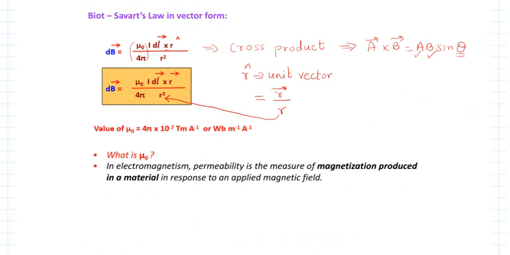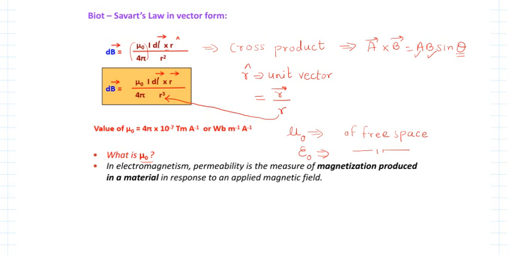Now here is the understanding for mu naught, children. Mu is the symbol for permeability. When I put this naught over here, this tells me that this is the permeability of free space. You might remember the symbol used in electrostatics, that was epsilon naught. That was the permittivity of free space itself.